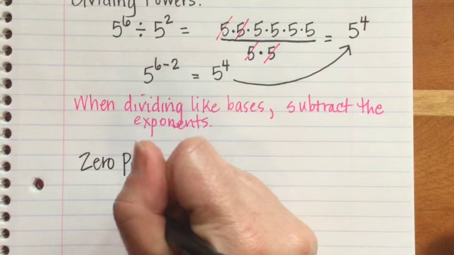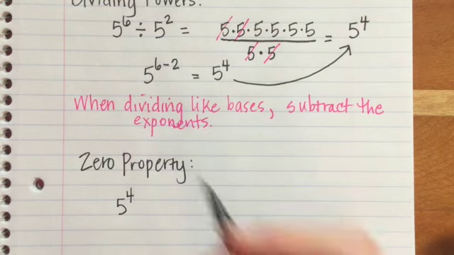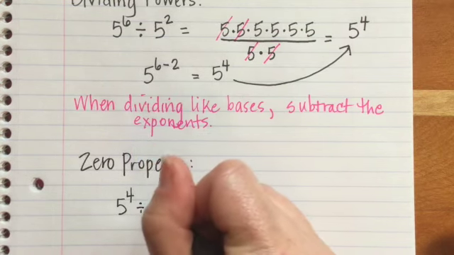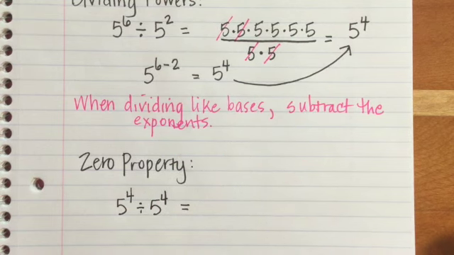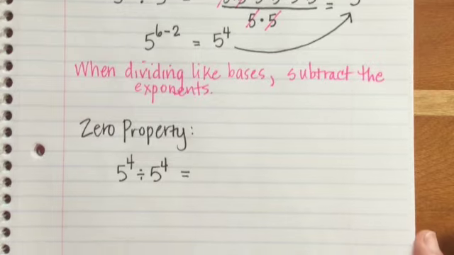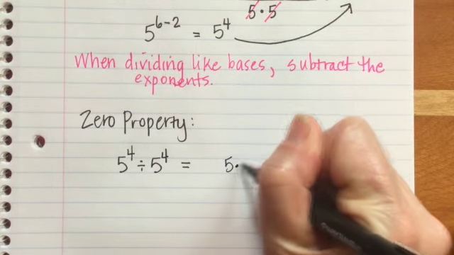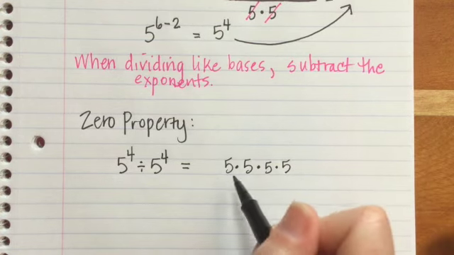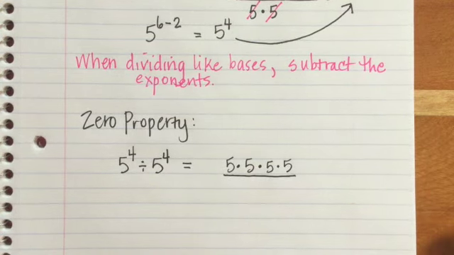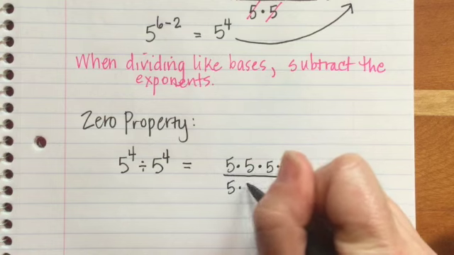So let's stick with our base of 5, because why not, right? And let's say my exponent this time is a 4. And I'm dividing it by 5 to the 4th power. That's on purpose. So what does that mean? That means that I have 4 of these 5s up top in my numerator. It also means I'm dividing by the same number in the denominator.